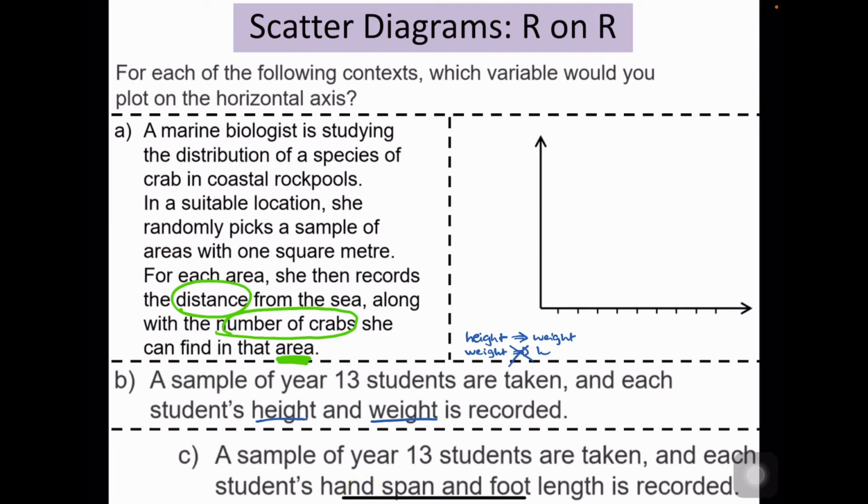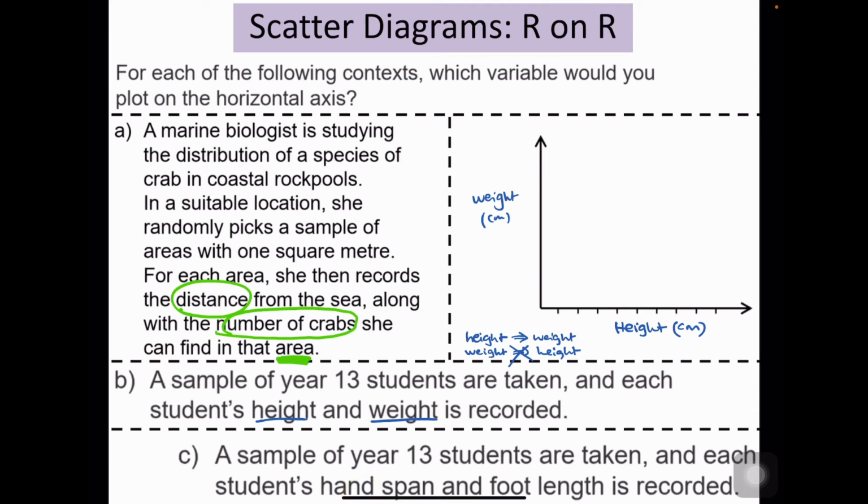And so I would say that height impacts weight and weight doesn't really impact height. So I'll write height on the x-axis. As I said, it can impact weight. The taller you are, the more you will weigh. That is how I would do it.